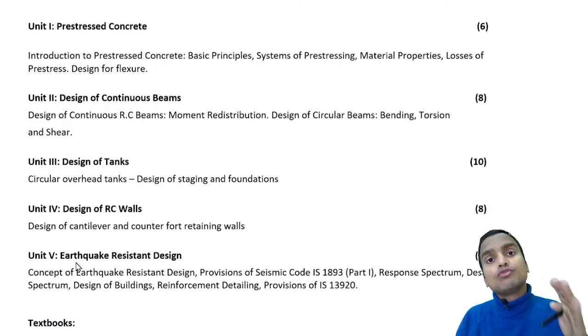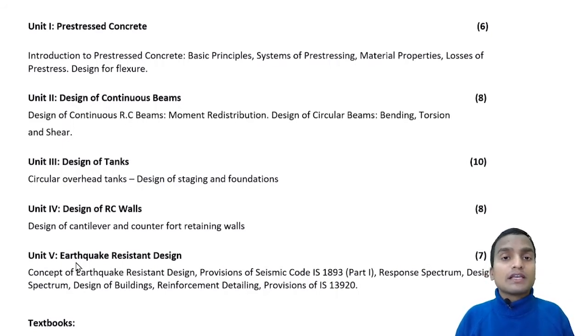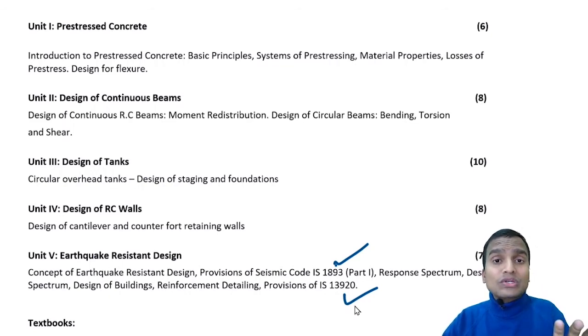Just like in unit 2 we will be using IS 456, and then in unit 3 we will be referring to IS 3370, which is for water retaining structures, and then we will be referring to IS 1343 and IS 875 in unit 5 for earthquake resistant design. So these IS codes are also written here, IS 1893 and IS 13920 for special reinforcement detailing to make the structure earthquake resistant.